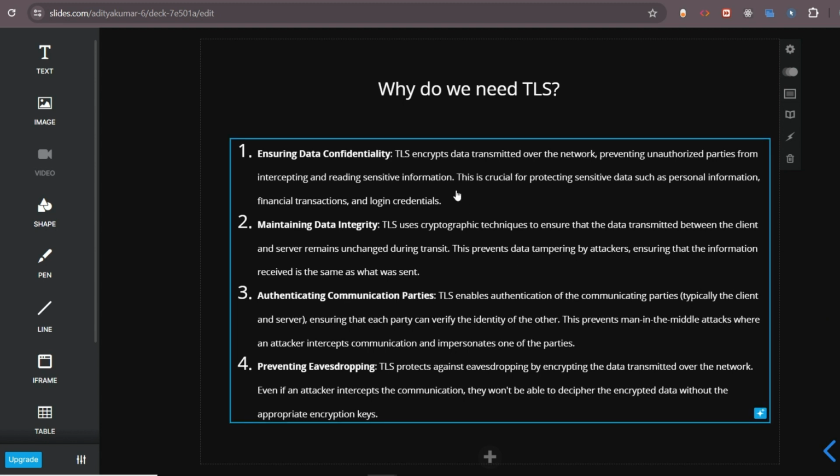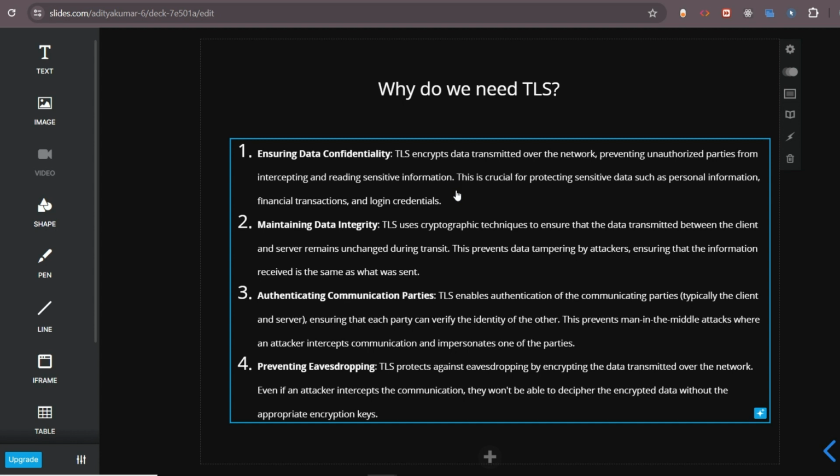The first point is ensuring data confidentiality. It says TLS encrypts data transmitted over the network, preventing unauthorized parties from intercepting and reading sensitive information. This is crucial for protecting sensitive data such as personal information, financial transactions, and login credentials.